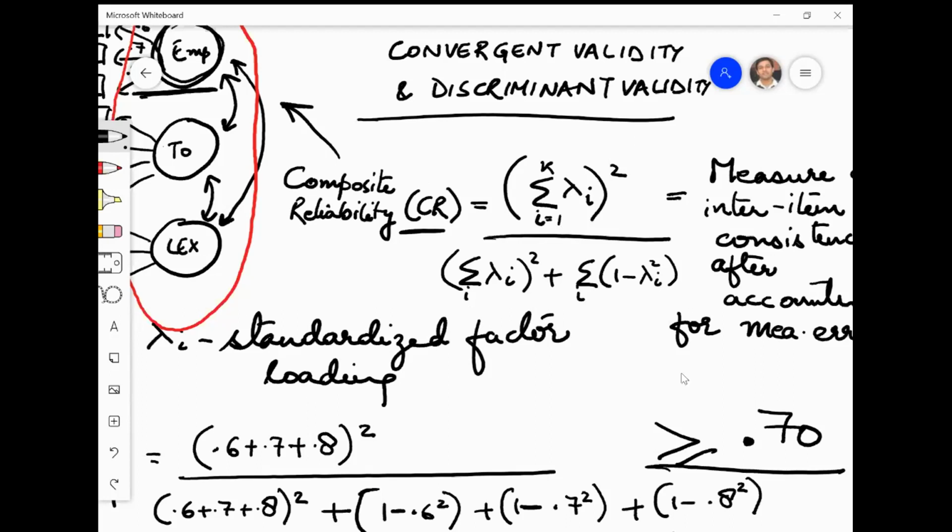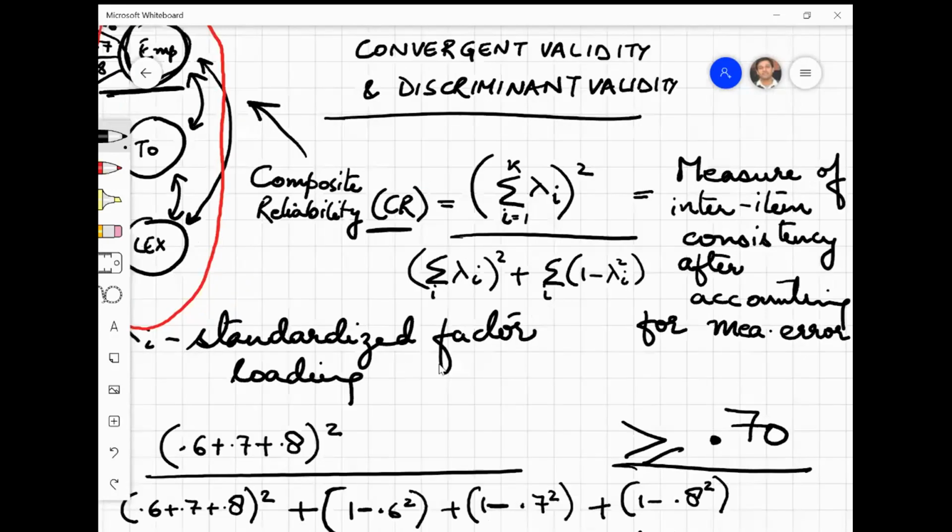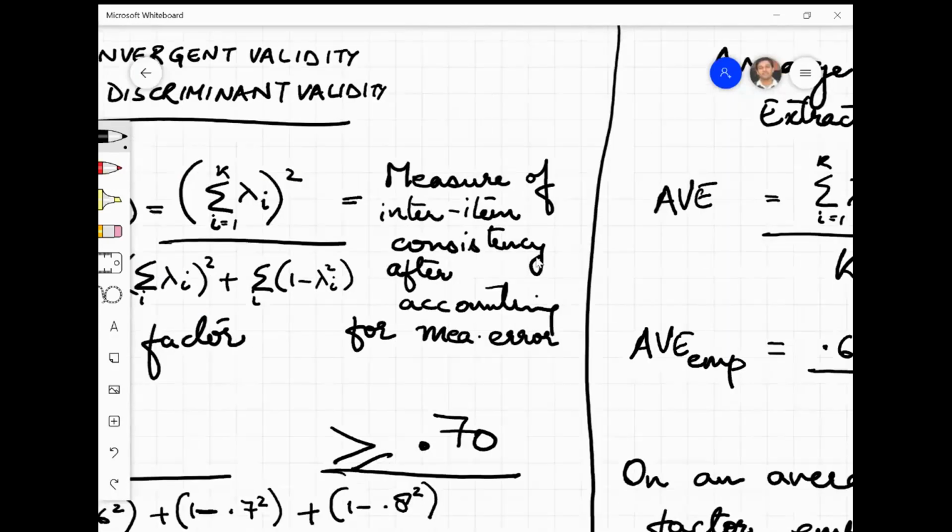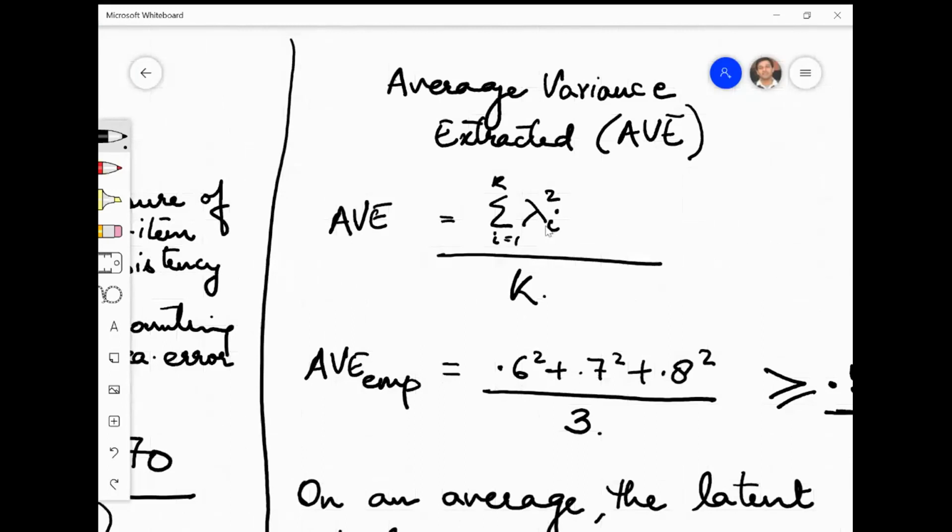Similarly, we had also written a formula for average variance extracted: summation lambda i square. So we will square the lambdas, take the sum, and then divide it by the number of items, which is k. The same thing is what we are going to do now here in our Excel sheet.